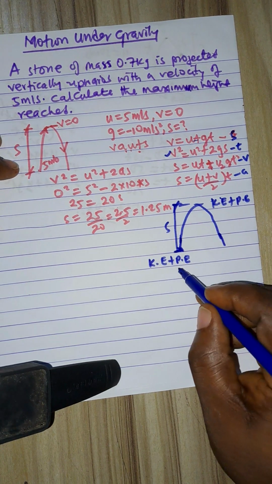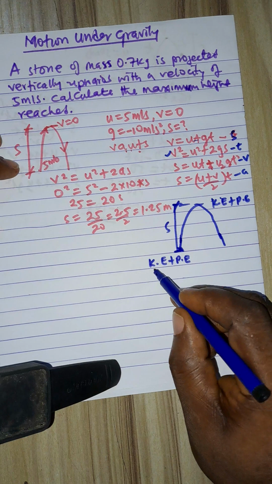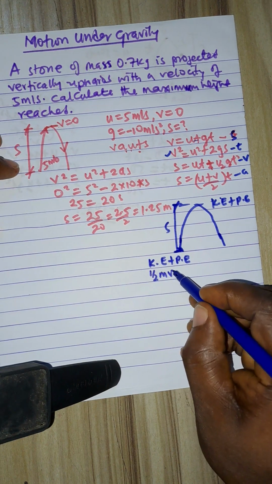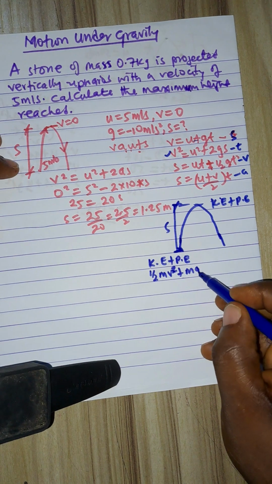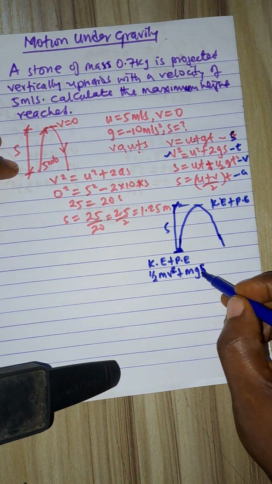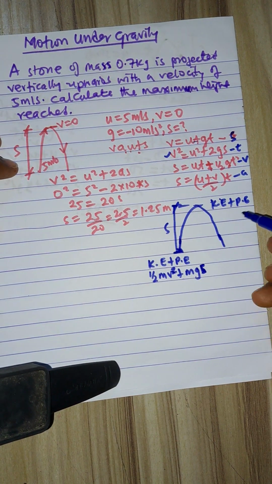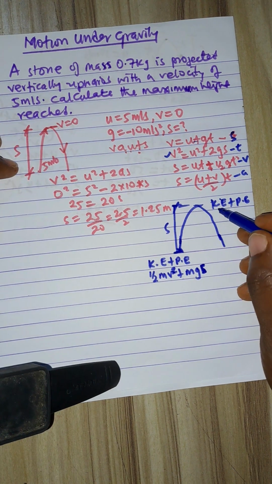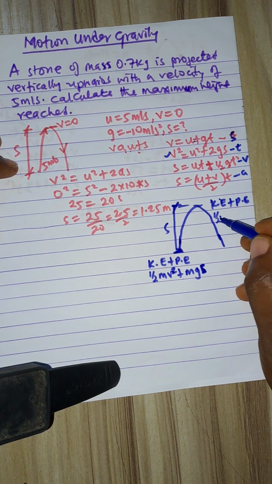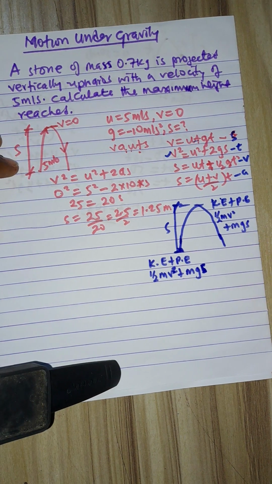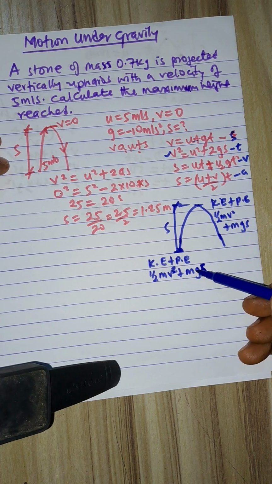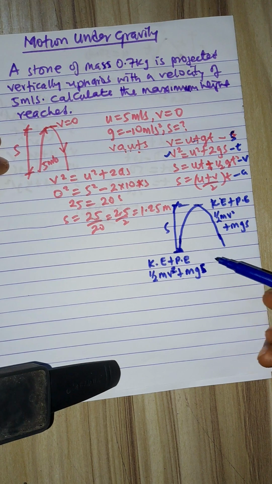Now, kinetic energy is half mv squared. Potential energy is mgh, or mgS, as the case may be. Up there you have half mv squared plus mgS. So the total energy at the maximum height equals the total energy on the ground immediately before it was projected.